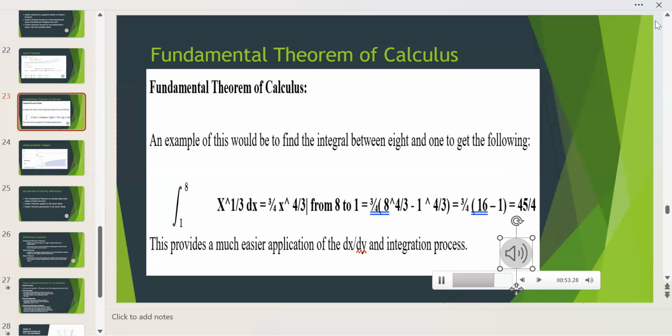And that comes to 45 over 4. So doing the integral for an area such as this and simply looking at the extremes, that is the value, 45 over 4. So this provides a much easier application of the dx of dy and the integration process as a whole.